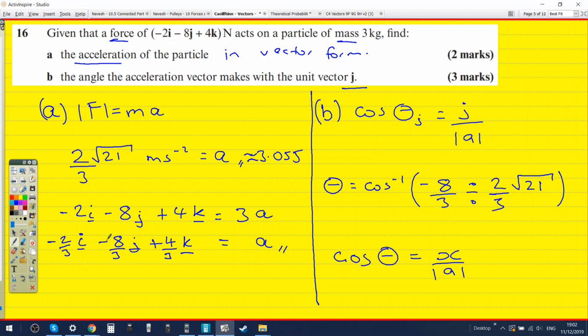So the coefficient of j was minus 8 over 3. So basically cos theta is the j over the magnitude of the acceleration vector. And in general, cos theta is the number in front over the magnitude in total.